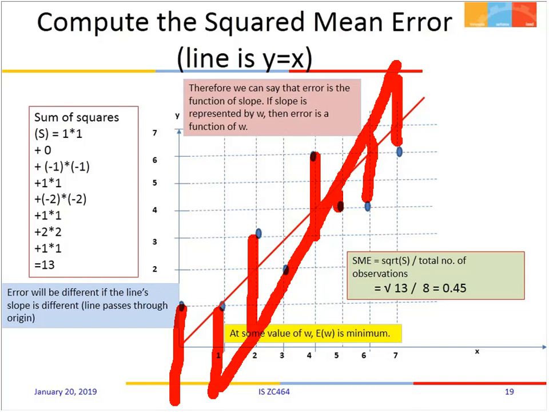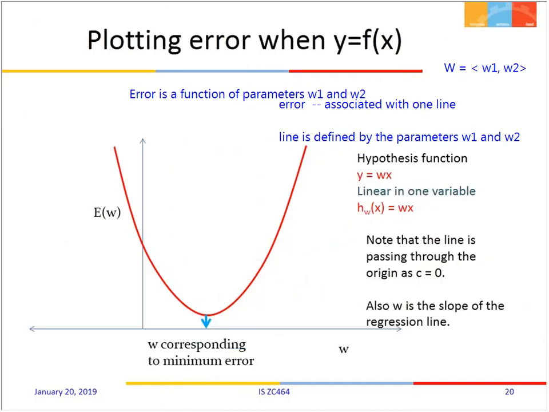We do not know. So now we are visualizing this entire process of finding the best parameters that define the regression line as an optimization problem, where we have to reduce this error to the possible extent where we will get a corresponding W for minimum error.